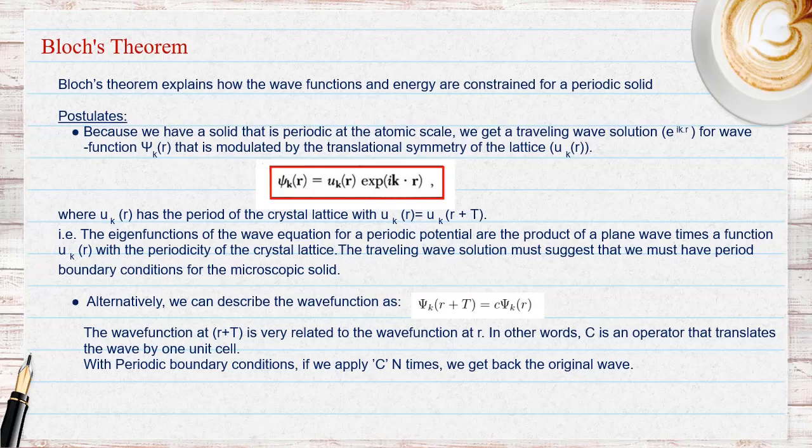That is, the wave function at r plus t, translated by one unit cell, is related to the previous wave function, psi k of r, using the operator c. So c is an operator that translates the wave by one unit cell. With periodic boundary conditions, if we apply c n times, where n is the number of unit cells, we get back the original wave.